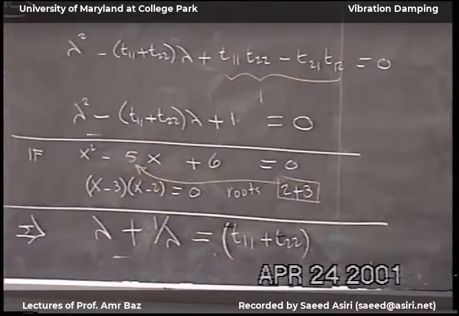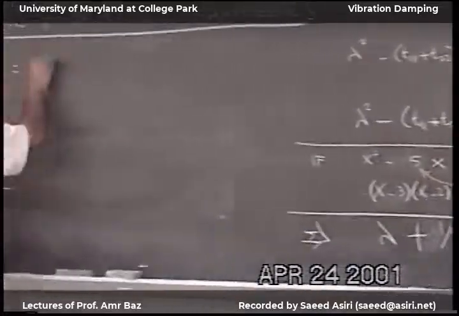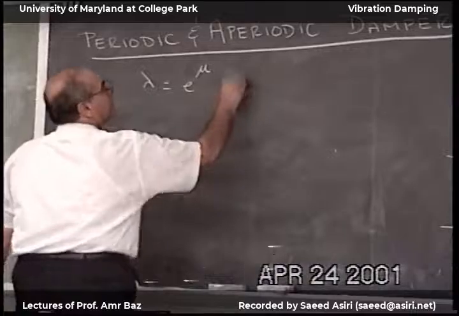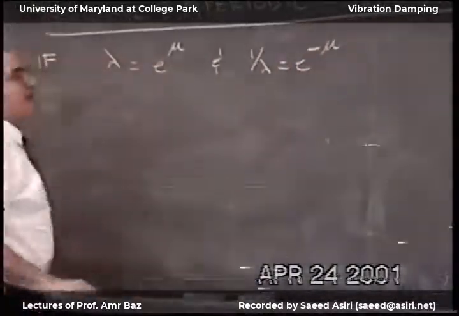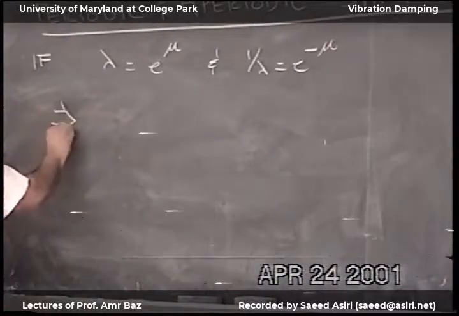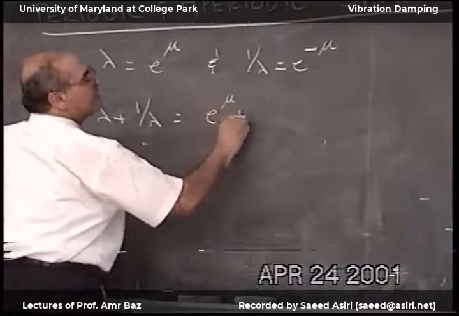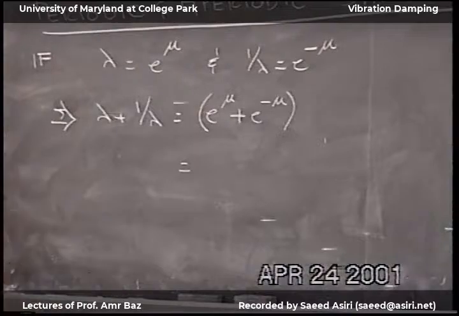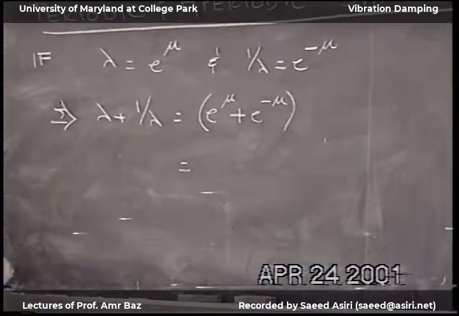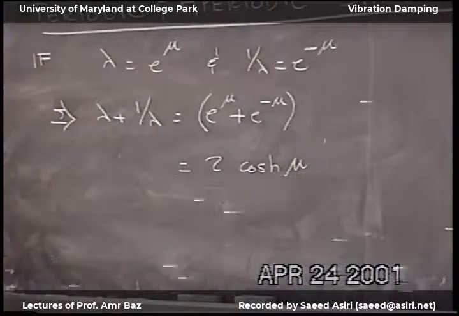As I did at the end of the last board, if I put lambda equal to e to the mu, and of course 1 over lambda will be equal to e to the minus mu, then lambda plus 1 over lambda is equal to e to the mu plus e to the minus mu, which is equal to twice cosine mu.